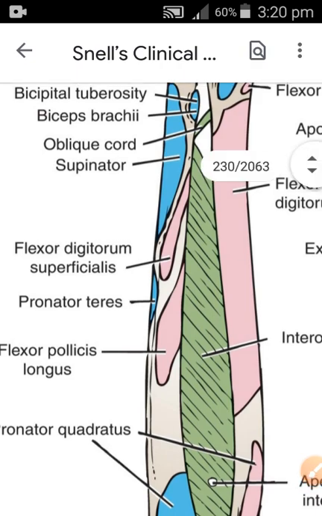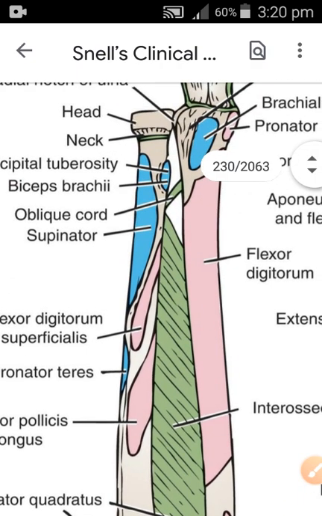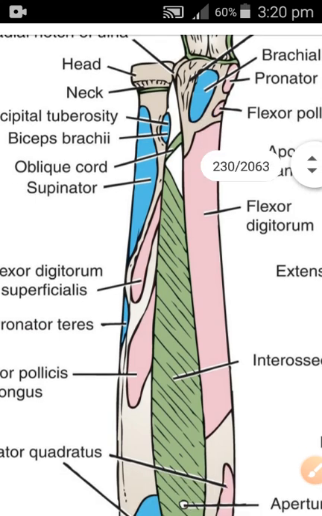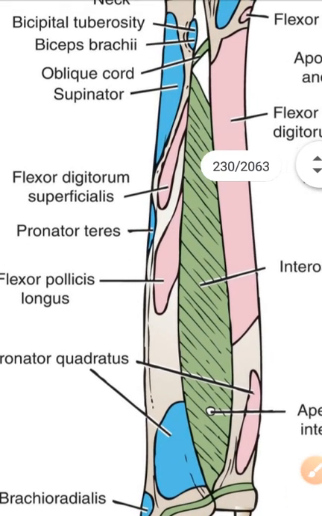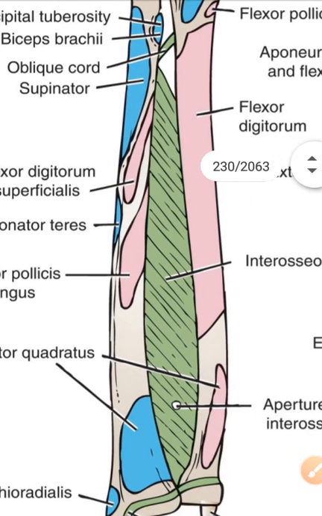The humeral end is attached on the medial epicondyle of the humerus, while this is the radial head. Also note that the flexor digitorum superficialis has two heads.